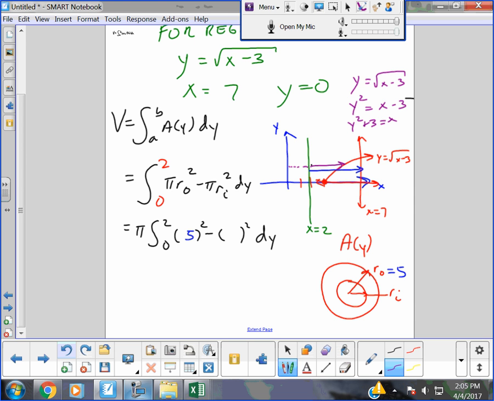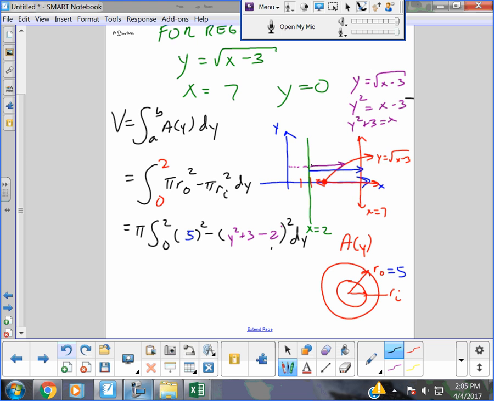It's x minus 2. So I'm going to leave this second one as y squared plus 3, that's x, minus 2. And this would be a problem I could easily integrate, do we agree? I'd probably square it out and do a bunch of work, but that would give me a solution.